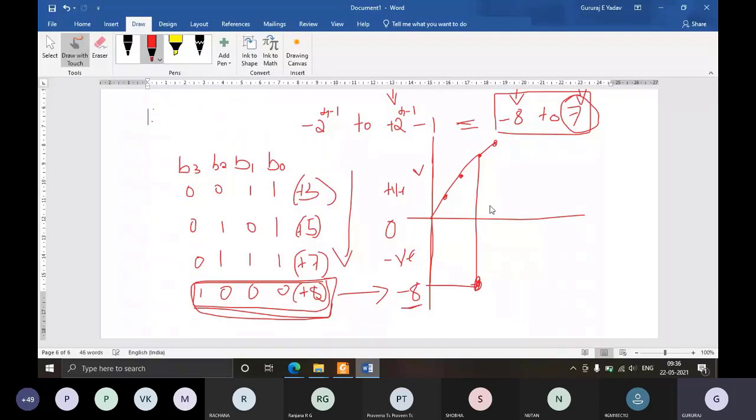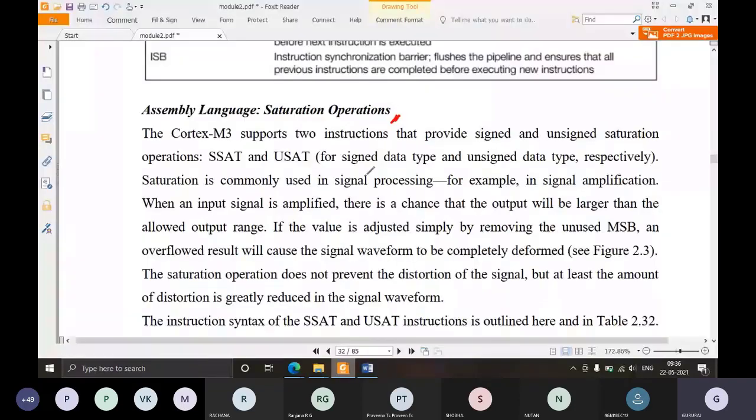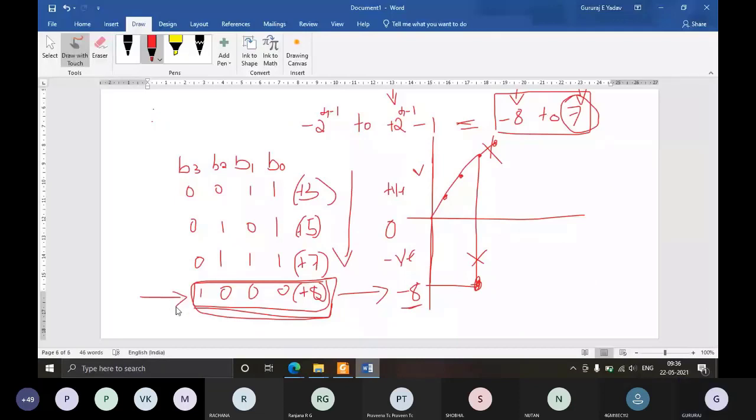This is what will happen in signed numbers, and this is where saturation instructions come into play, so that we avoid such misrepresentation, wrong representation of data. We shall see what happens in signed or unsigned saturation.